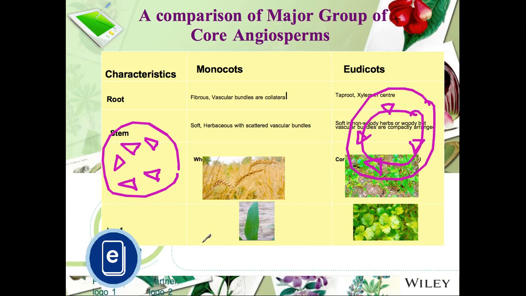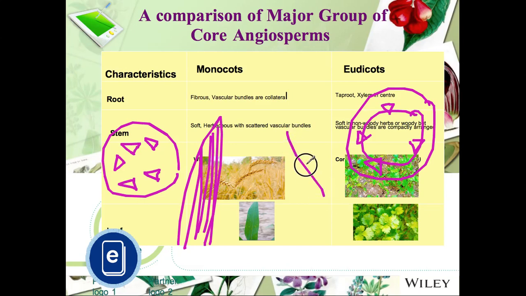In this case, these monocot leaves have vascular bundles or veins which run parallel along the leaf surface, and this kind of venation is known as parallel venation. In contrast to this, in the case of coriander or many eudicots, there is actually one midrib, and from this midrib arise secondary or tertiary branches, and this kind of venation is known as reticulate venation.